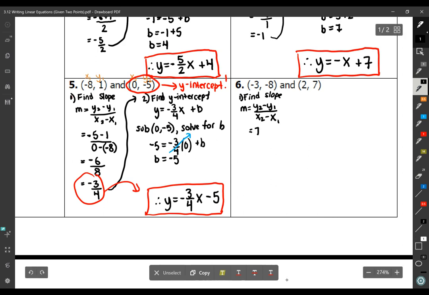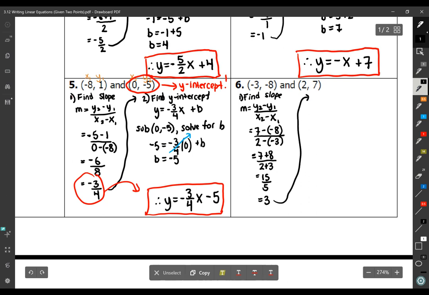So 7 for y2 minus negative 8 for y1, 2 for x2 minus negative 3 for x1 becomes 7 plus 8 over 2 plus 3. So we get 15 over 5, which simplifies to 3.